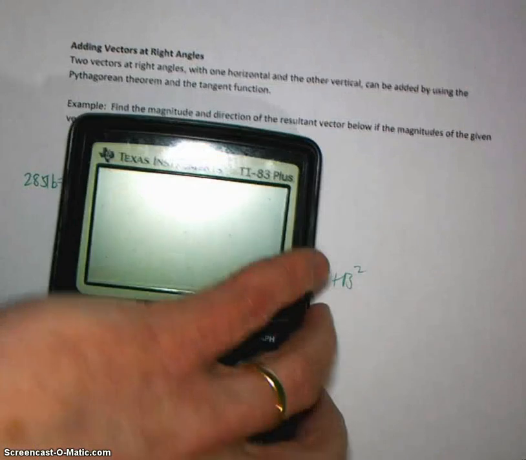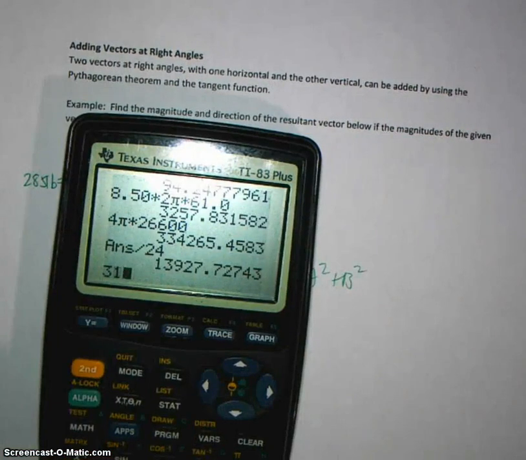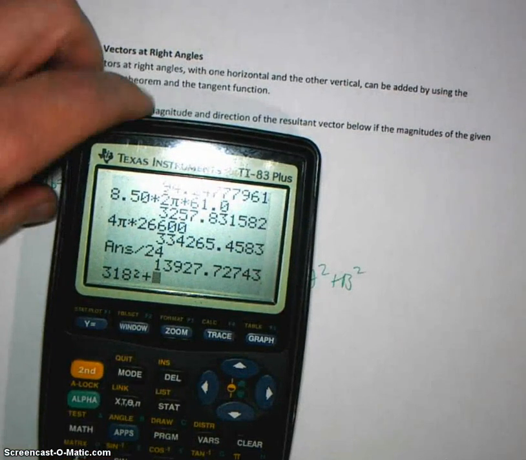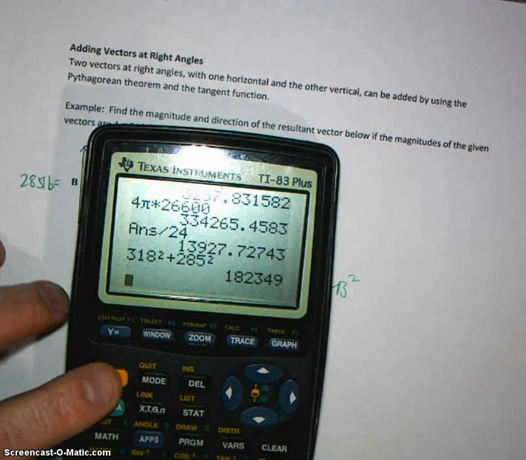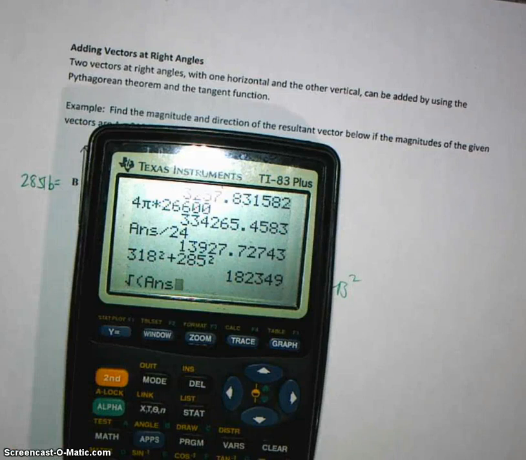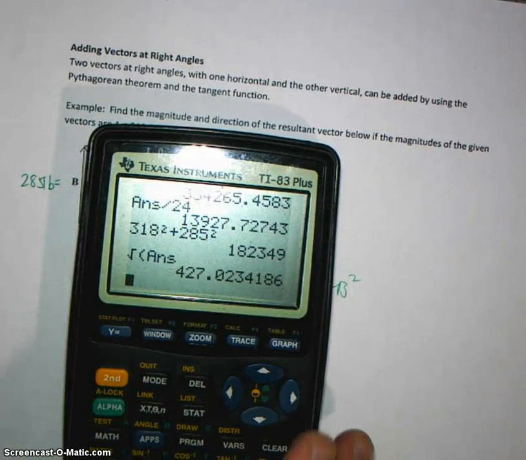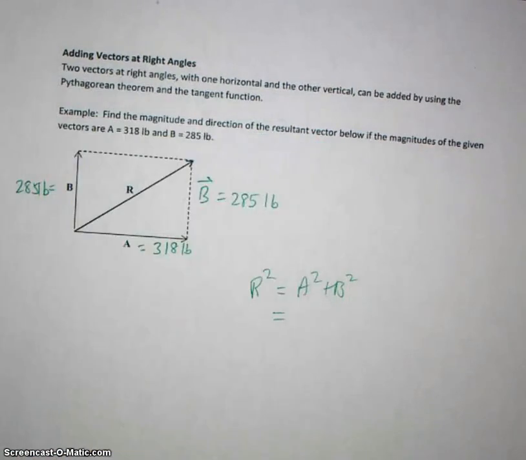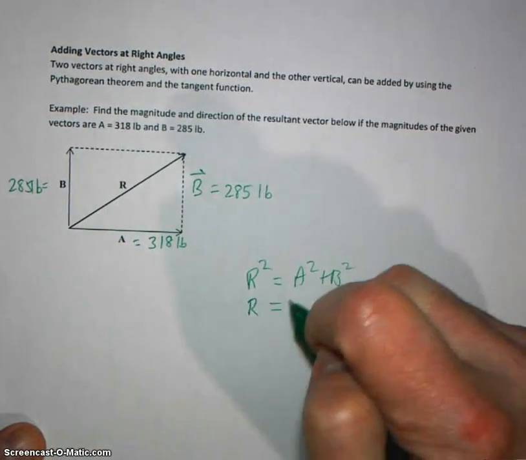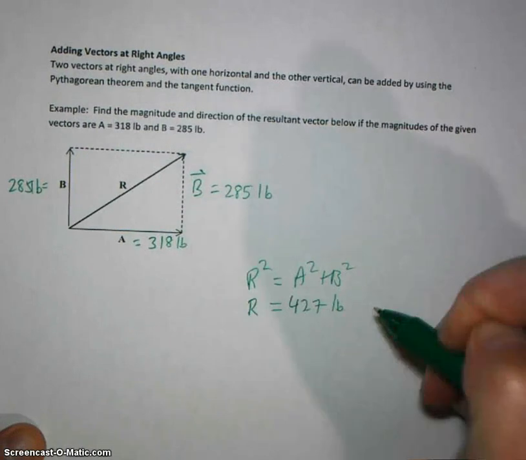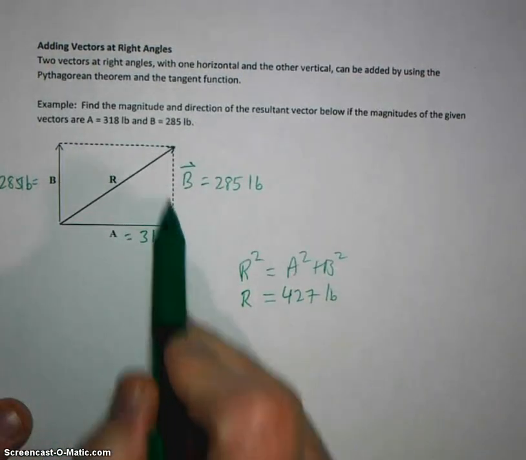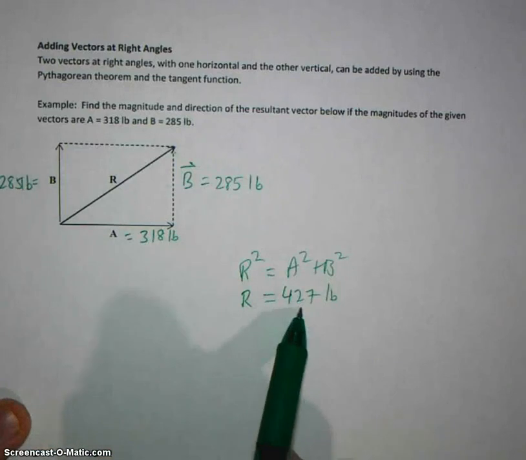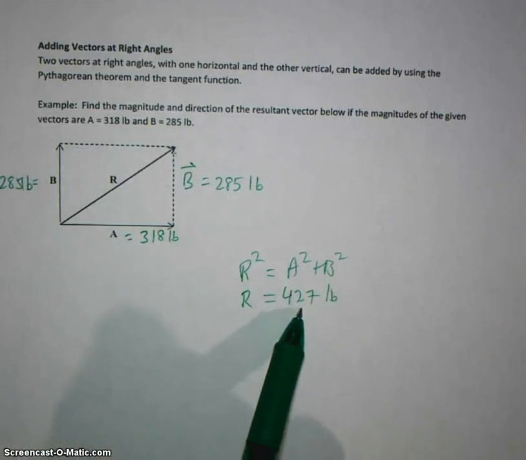Grabbing my calculator, that's 318 squared plus 285 squared. And then I'm going to take the square root of that answer, and I'm going to call it 427. So these two things together are pushing with a force of 427 pounds.